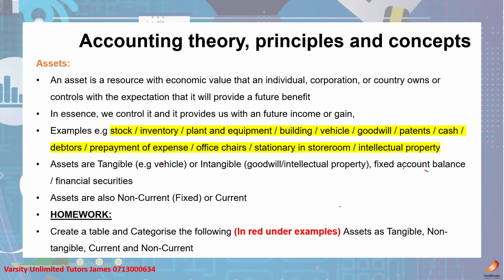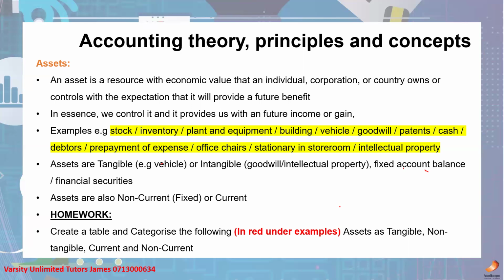For example, if as a business you have a building and the building is yours and you can rent out the building to tenants, it means it's a resource of economic value that you control that is going to generate a future benefit for your business.